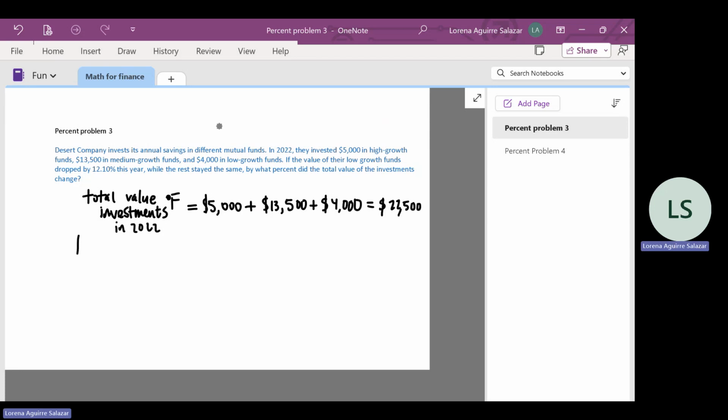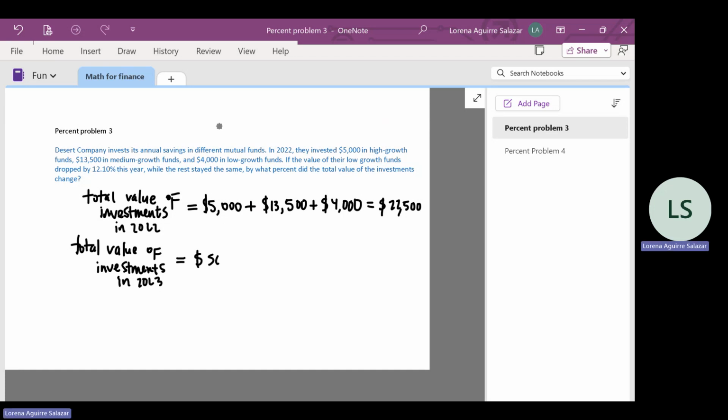Now to find the total value of investments in 2023, we'll get to use a formula that is very useful when it comes to solving percent problems. Investments in 2023. We have that nothing changed but the amount that was invested in low growth funds.